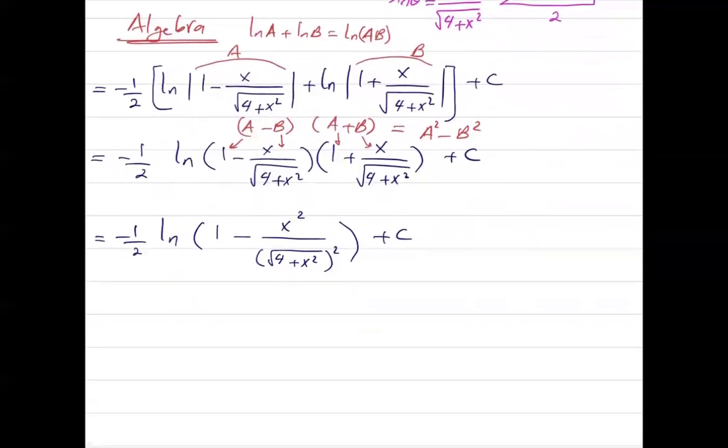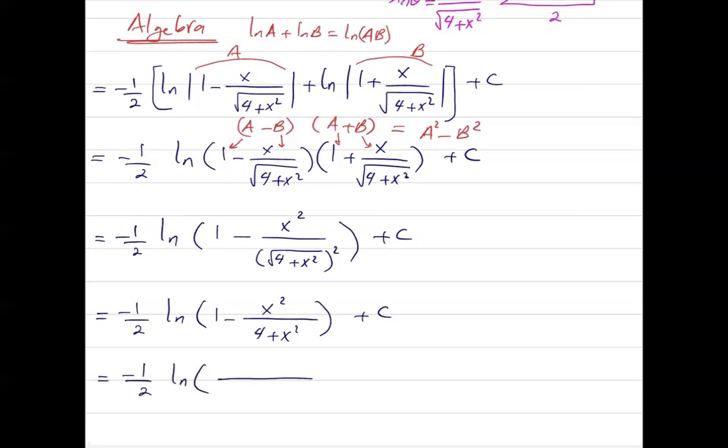So this in turn can be written as negative a half ln of 1 minus x squared divided by 4 plus x squared. If you take common denominator between these two, you get negative a half ln of 4 plus x squared minus x squared over 4 plus x squared plus c.